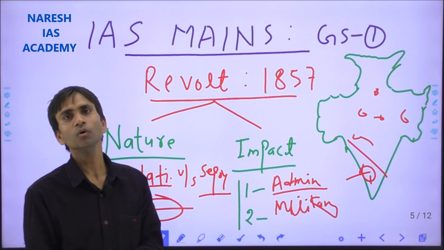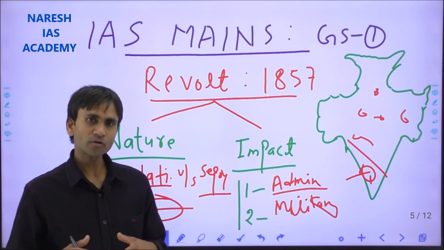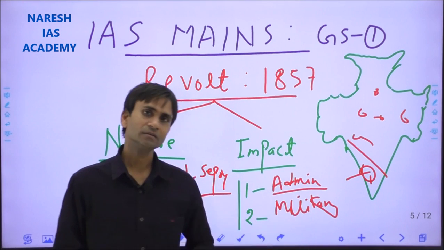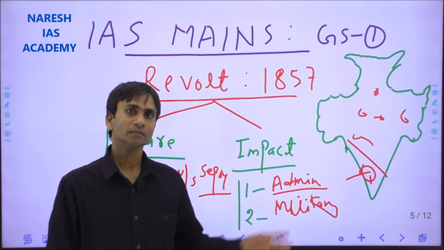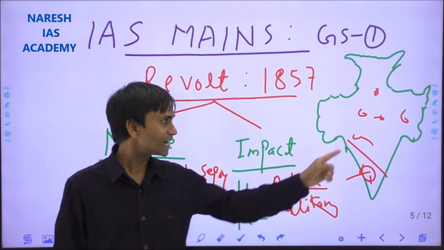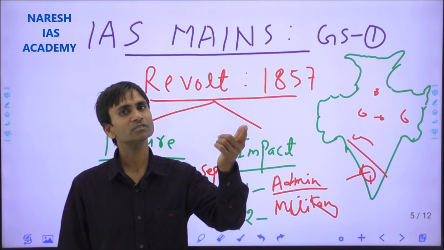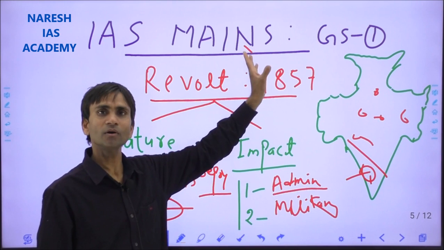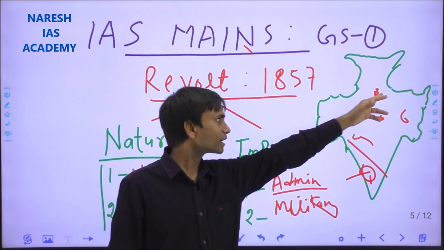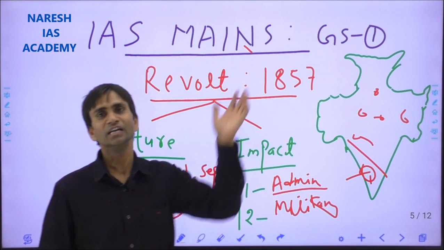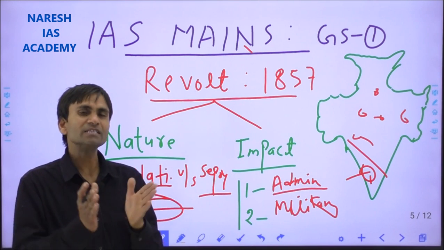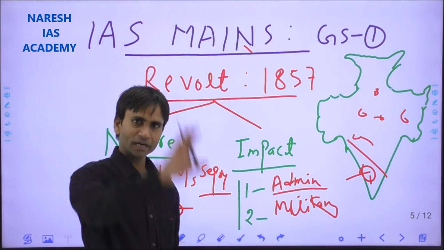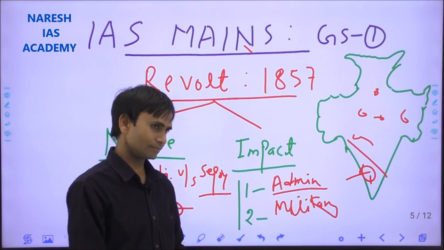The promotion policy was also revised, and the military campaign or expansionist policy was continued. On the order of the British Crown, the British Indian Army had to fight against Myanmar, which was acquired in 1885, and fight in Afghanistan, the Anglo-Afghan war, and lead campaigns in Tibet and the Central Asian nations. So the military expansionist policy was continued, and all the army expenses were burdened on the Indian treasury.